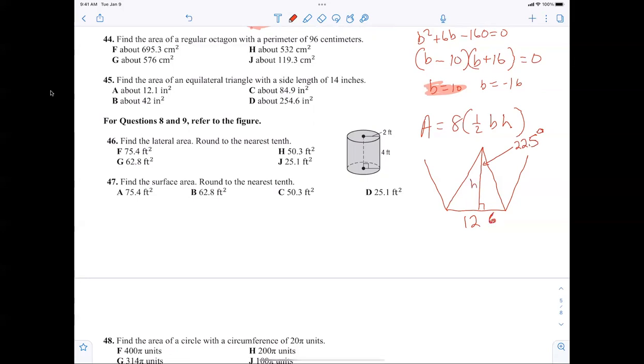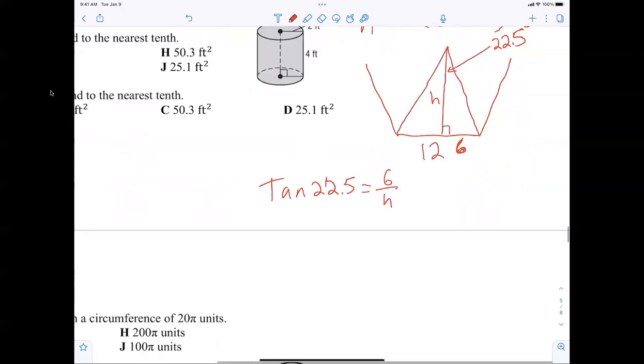And I'm interested in finding the height. So now what trig function am I using? So we got tangent of 22.5 is equal to 6 over h. Everybody happy with that? So then h is equal to 6 divided by the tangent of 22.5. And what's 6 divided by the tangent of 22.5?